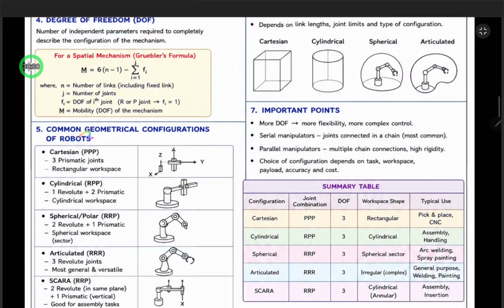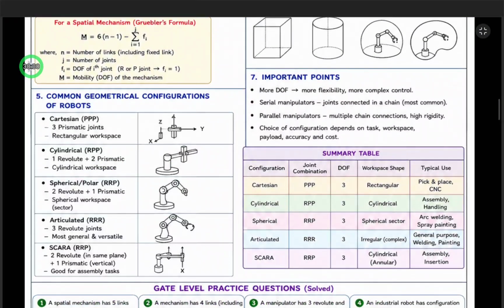Now common geometrical configurations of a robot. Cartesian: three prismatic joints, with a rectangular workspace. Cylindrical, RPP: one revolute and two prismatic joints, with a cylindrical workspace. Spherical or polar, RRP: two revolute and one prismatic joint, with a spherical workspace.